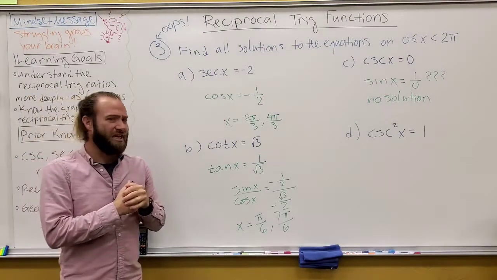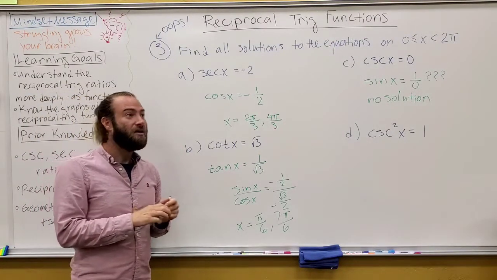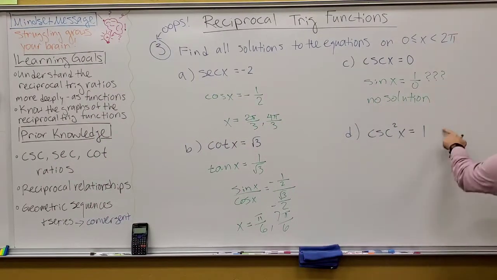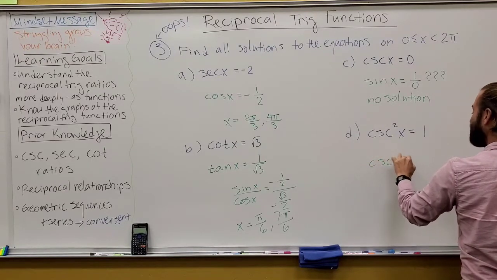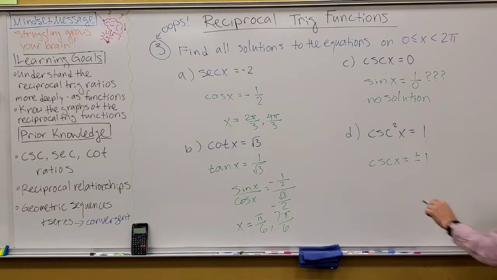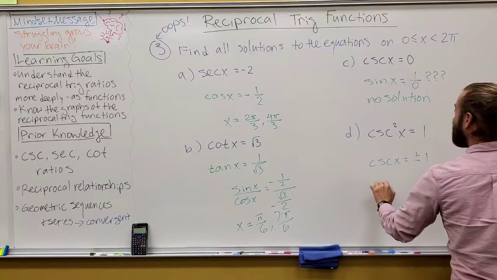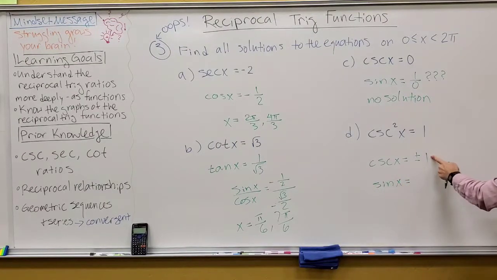And D, cosecant squared equals 1. How do I undo a square, right? Okay, square root. The only thing I'm going to warn you about is don't lose the fact that there's 2 possible solutions, because this means that cosecant x equals either plus or minus 1, right? And again, if we do the reciprocal, that means the reciprocal of cosecant is sine, so this means sine x equals, what's this guy's reciprocal?